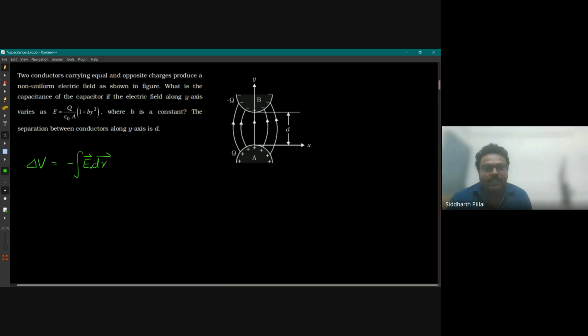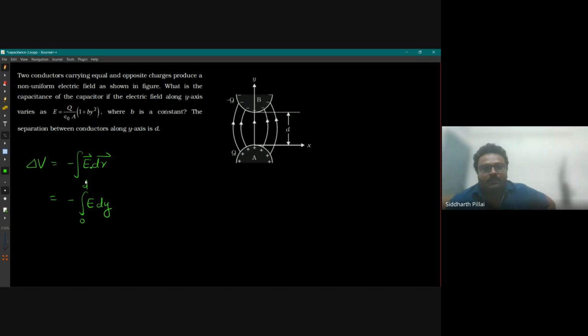So your dr is just dy, right? You're moving along y axis. So this integral just turns out to be E dy, okay, from 0 to d. And I suppose we can ignore the minus sign because you're going from higher potential to lower potential. Your potential decreases, right, if you go up.